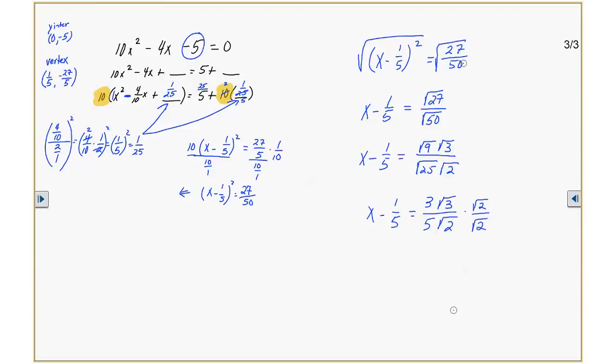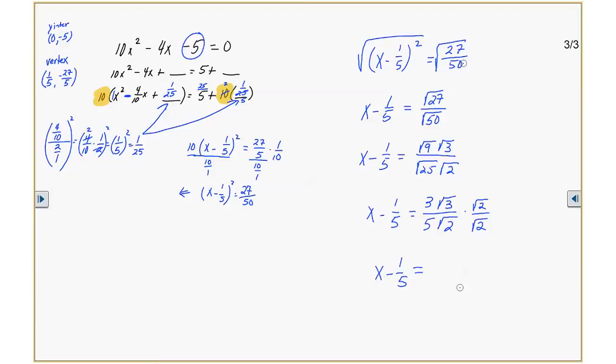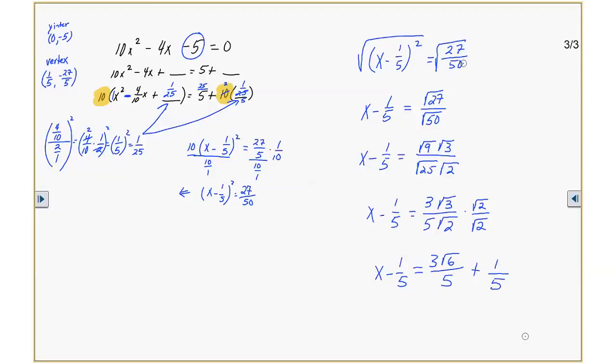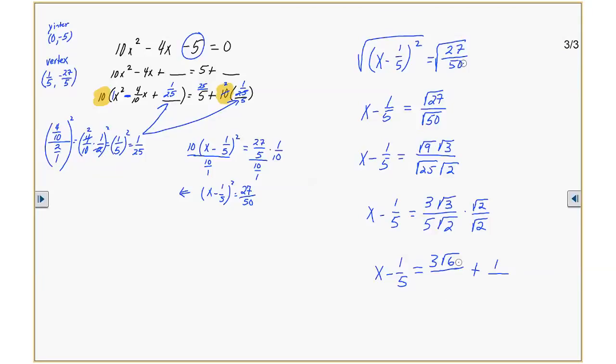And that's going to give me x minus 1/5 is equal to 3 times square root of 6 over what? 5 times 2 is 10. Then bring that 1/5 over. 2 times 2 is square root of 4. 5 times 2 is 10.